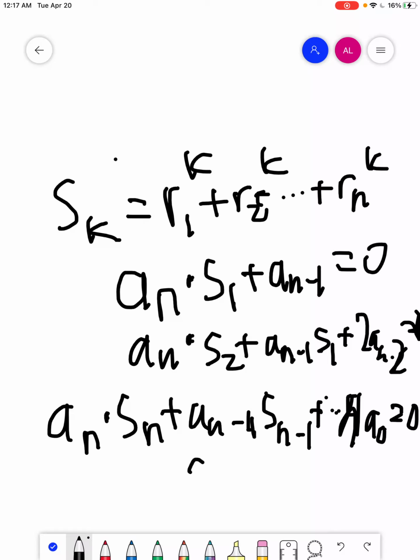And it's impossible for sn to have an integer n that's less than 0. An easier way to think of the n over here is just the sum of the roots to the 0th power.